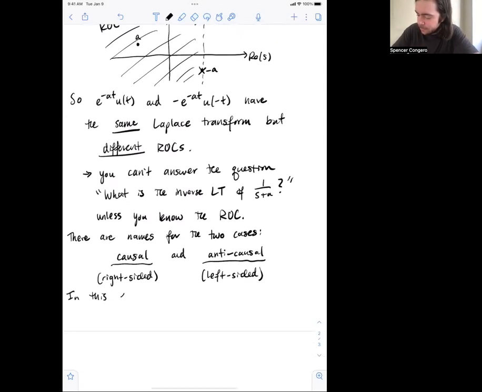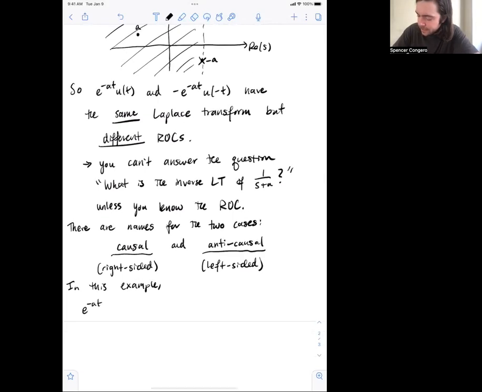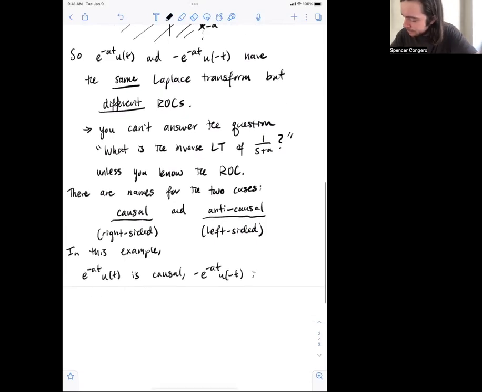So in this example, e to the negative at u of t is causal. And negative e to the negative at u of negative t is anti-causal. Okay, so we have these words causal and anti-causal, and another way you can refer to those functions is by saying right-sided and left-sided.